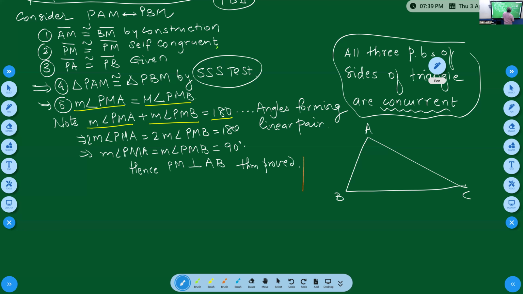Two non-parallel lines will always intersect. So we start with, say, the perpendicular bisector of AB. We draw the perpendicular bisector of AB.